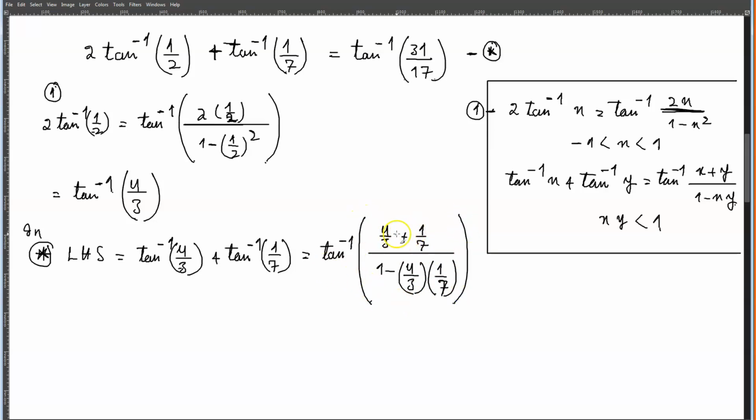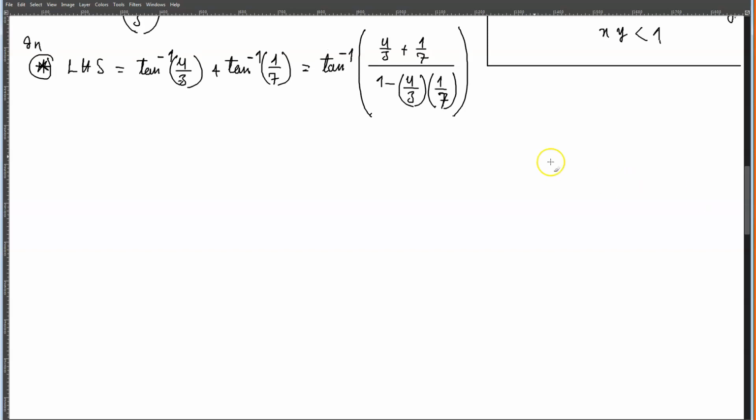Then we need to do a couple of arrangements here. Basically 4/3 plus 1/7 is equal to, over 21, 7 times 4 is equal to 28, plus 3 is equal to 31 by 21.